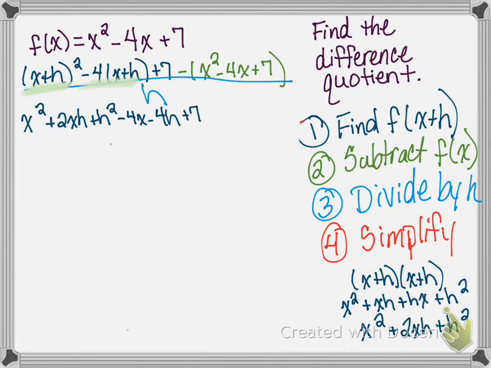Plus 7. Good. Now I'm going to my second part. Subtract f of x. So for this part, I've got to distribute that minus sign to everything. So I am going to have negative x squared plus 4x minus 7.